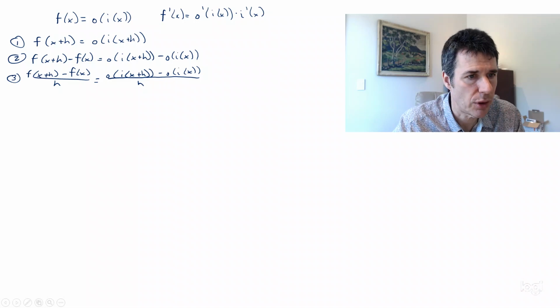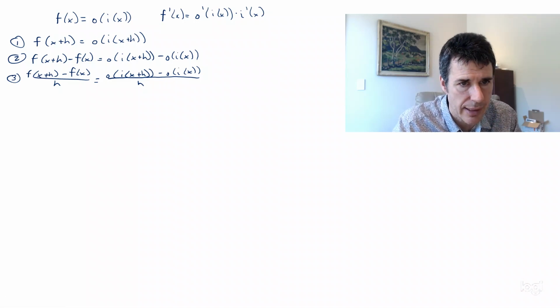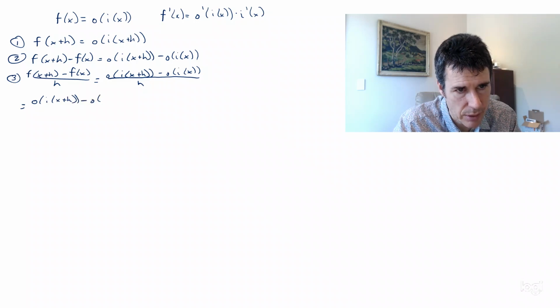And here I'm going to do a little work before we do step 4, which is our limit. So let's take this here, and we're going to multiply it by something. O of I of x plus h minus O of I of x, all divided by h.